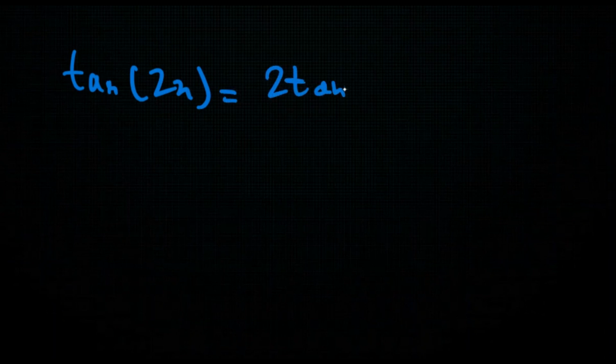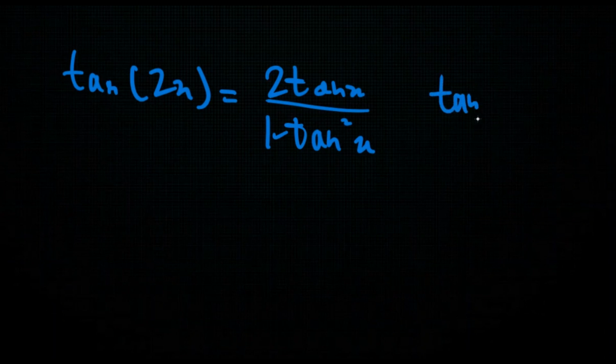Finally, the last identity I want to give for this episode is tan 2x equals 2 tan x by 1 minus tan squared x. So we know that tan x equals sine x by cosine x.